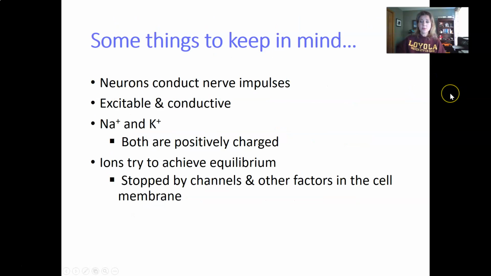Okay, so a couple of things to keep in mind as we begin. First of all, neurons conduct nerve impulses. We're going to talk more about those as action potentials in the second video.